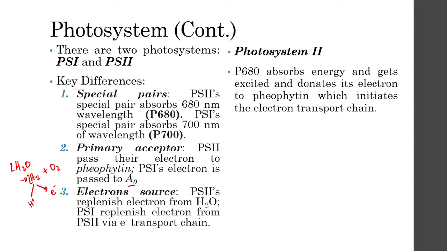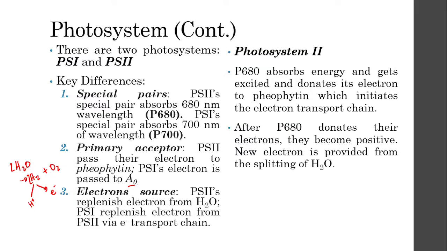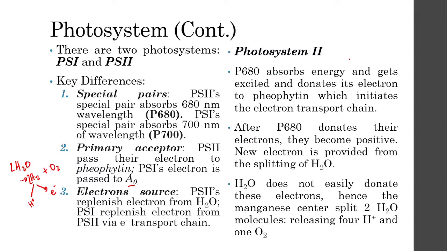Okay, so let's go to photosystem 2. Again, photosystem 2 absorbs energy that has a 680 wavelength, and when it gets excited, it donates its electron to pheophytin, which initiates the electron transport chain. After the P680 donates its electron, it becomes positive, so a new electron is provided from splitting H2O.